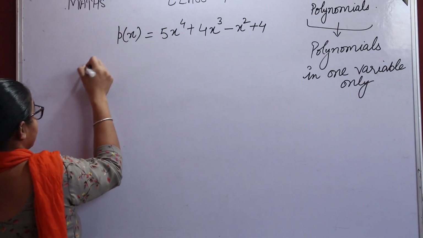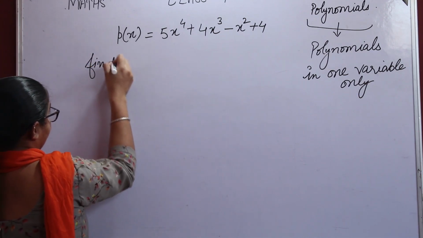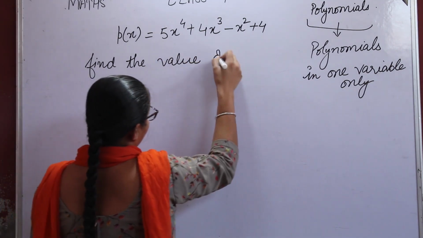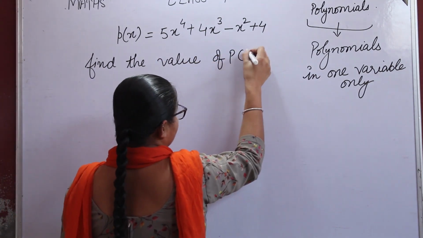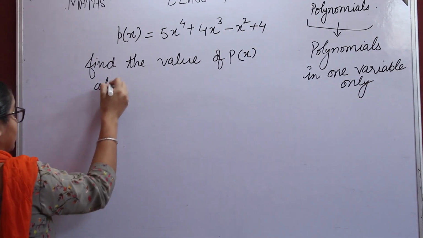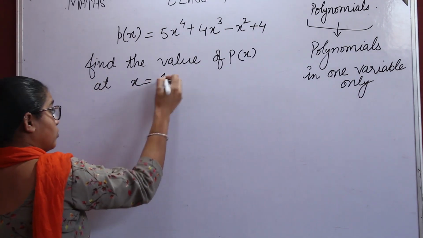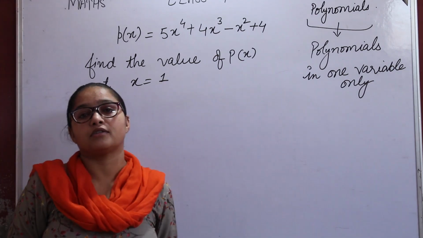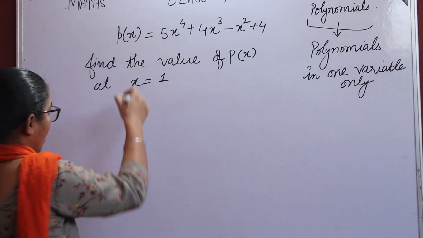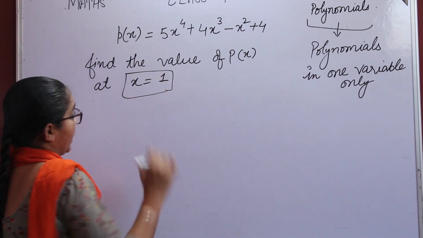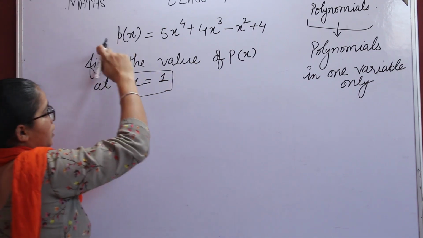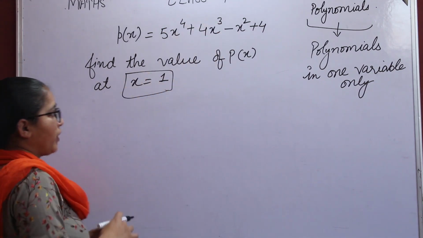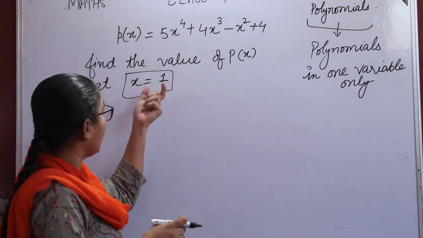Now the question is, find the value of p(x) at x equals 1. So now we have to concentrate on this part only. We need the value of this polynomial at x equals 1. So on the place of x, what value should we fill? 1.